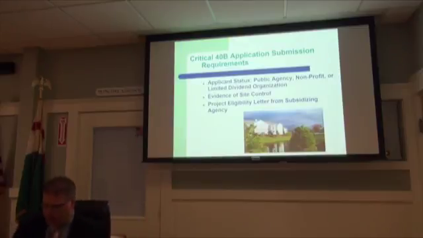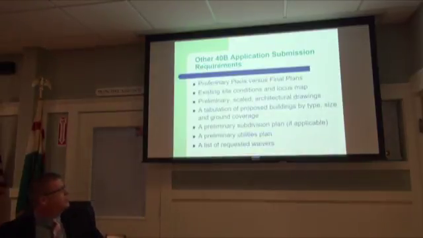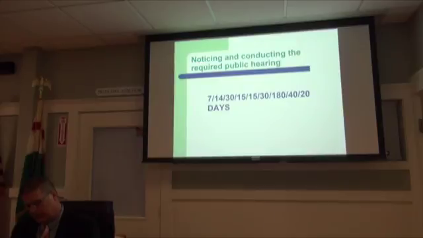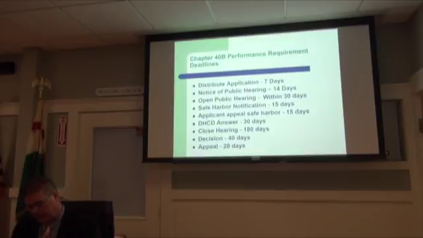So now we get to notice and conducting the required public hearing. This is some important information that can get you in a lot of trouble if you don't follow it. Under Chapter 40B, once a comprehensive permit application has been submitted, you have 7 days from the receipt of that application to distribute all the material to the different town boards.